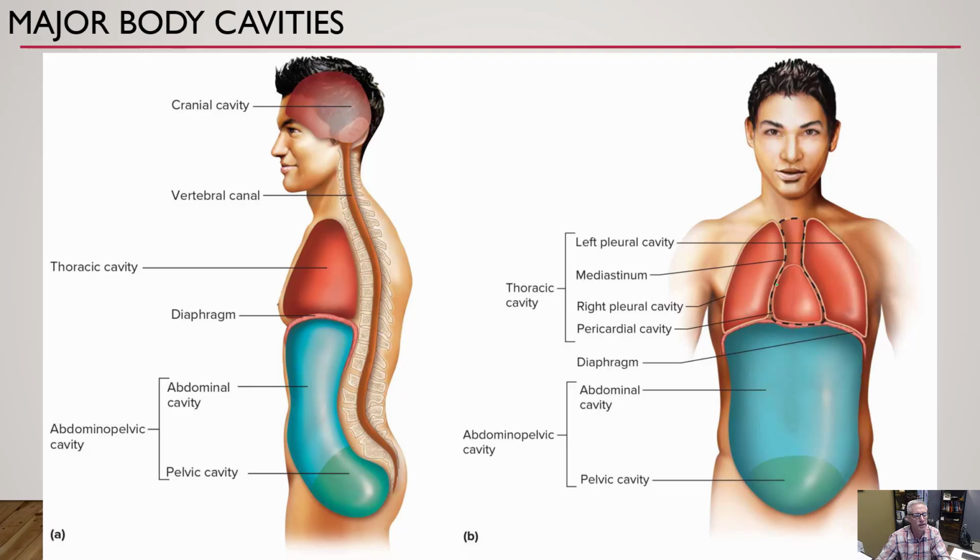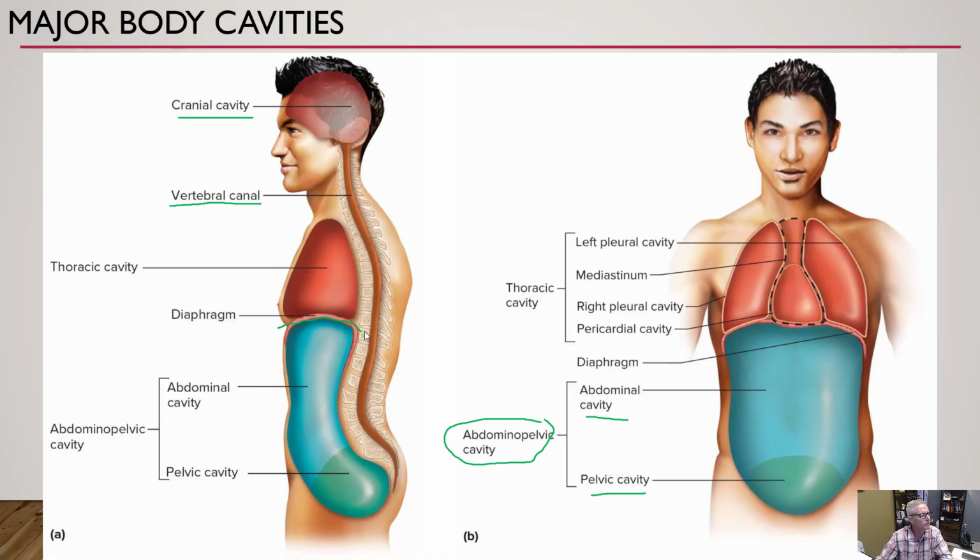So here's just kind of like a picture version of what we see. So your cranial cavity, that should be an easy one. Your vertebral canal, your spinal canal, that should be an easy one. Your abdominopelvic cavity, which is your abdominal cavity and your pelvic cavity, that should be an easy one.